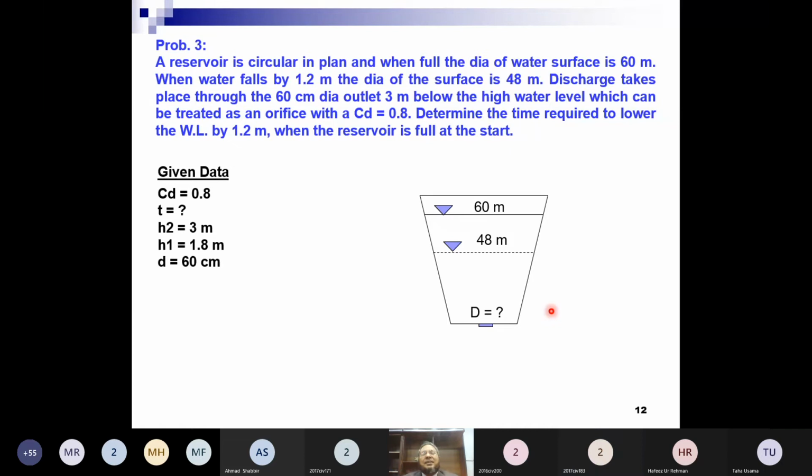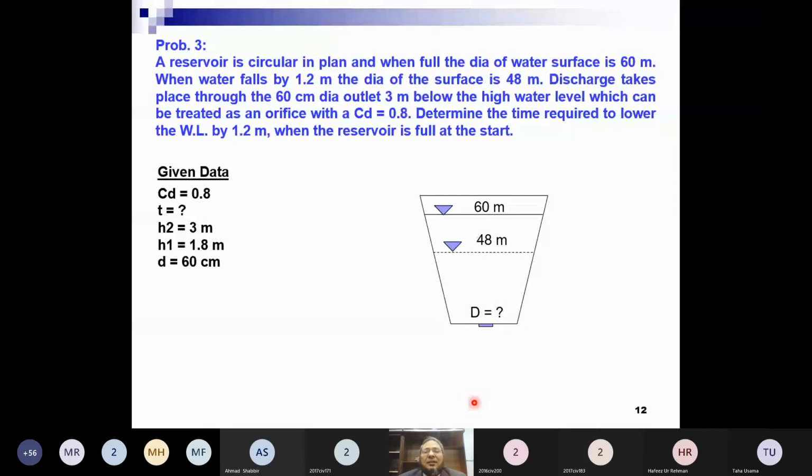No. Actually, the main reason to keep this conical shape is to easily flush the sediments which are deposited here in the reservoir. Could you follow why the shape is conical? Because when we fill water after a long time, maybe after 1 year, तो इसमें थोड़े बहुत sediment तो होते हैं ना, they deposit here, and we need to clean them, and that is for easy flushing of the reservoir.